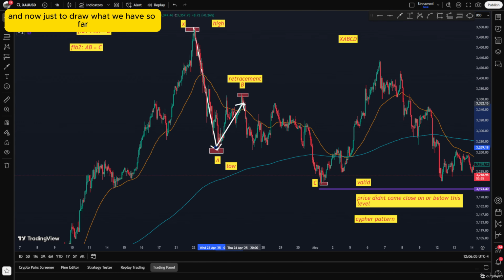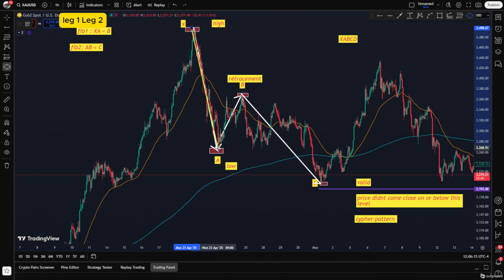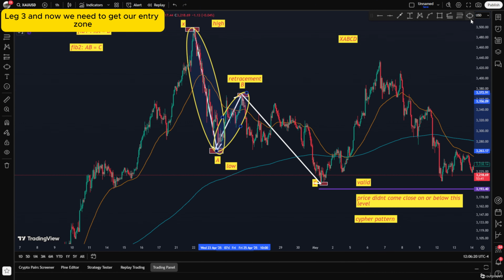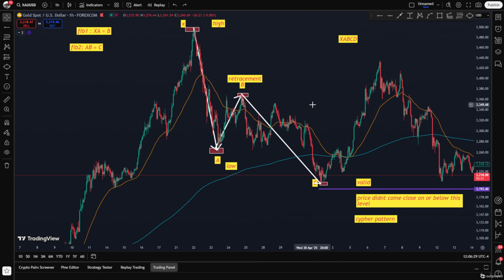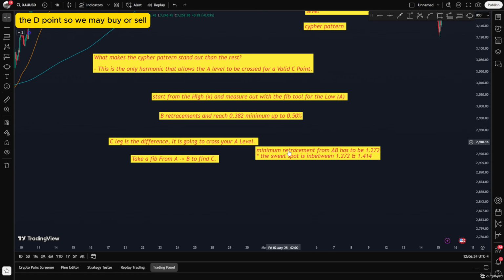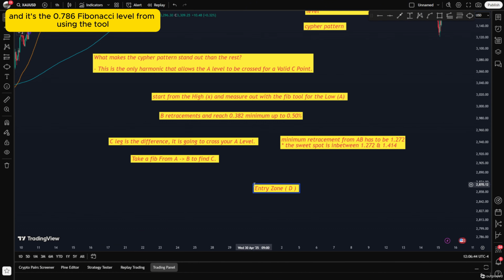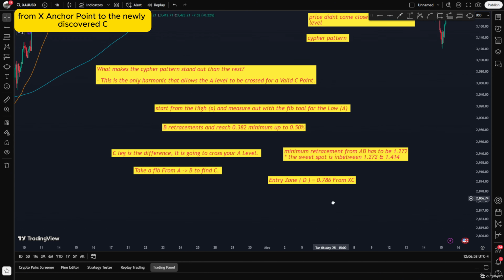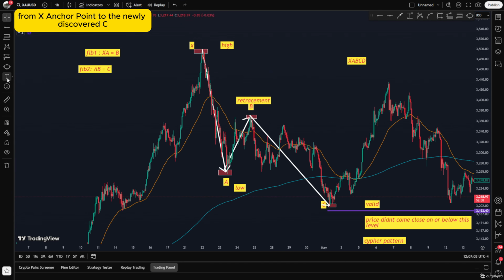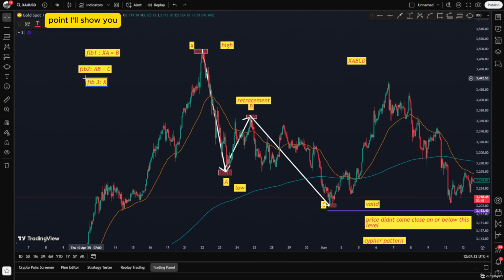And now, just to draw what we have so far, leg 1, leg 2, leg 3, and now we need to get our entry zone, the D point. So we may buy or sell at the 0.786 Fibonacci level from using the tool from X anchor point to the newly discovered C point.